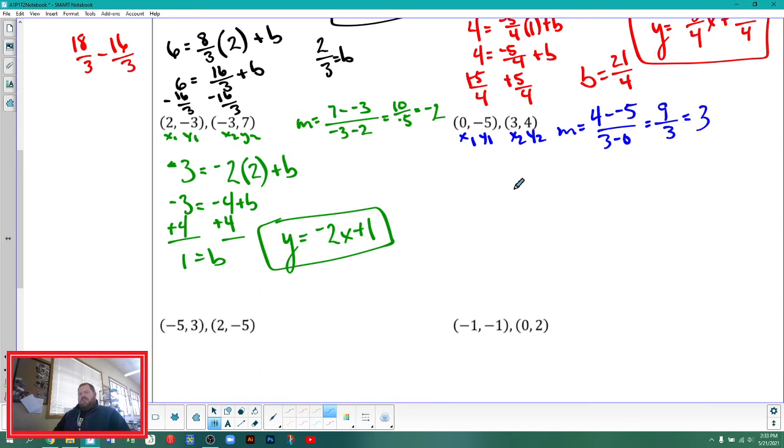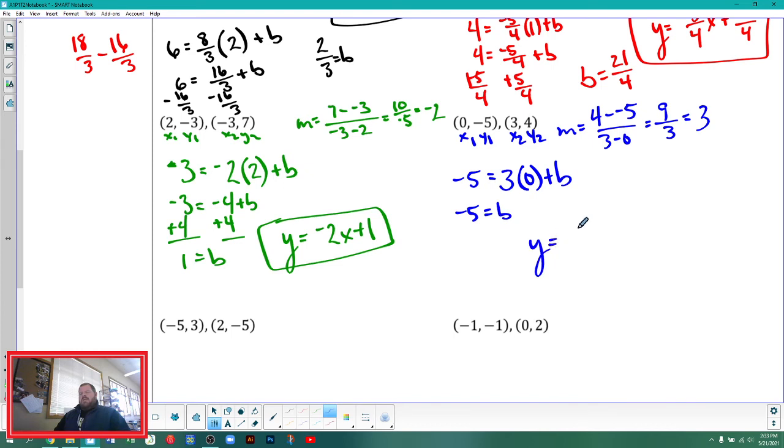So my slope is 3. Plug in an x and a y. I'm going to pick on, I guess the first one works out pretty well. Negative 5 equals the slope times x plus b. 3 times 0 is 0. 0 plus b is b. So negative 5 equals b.